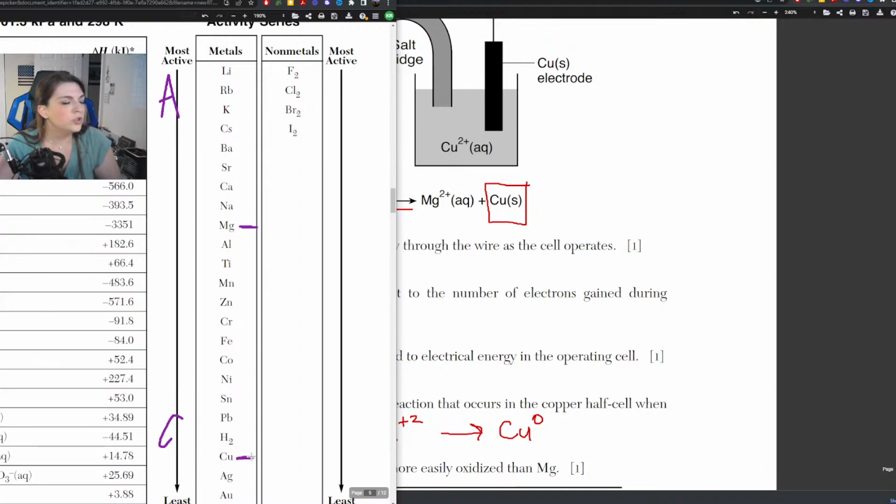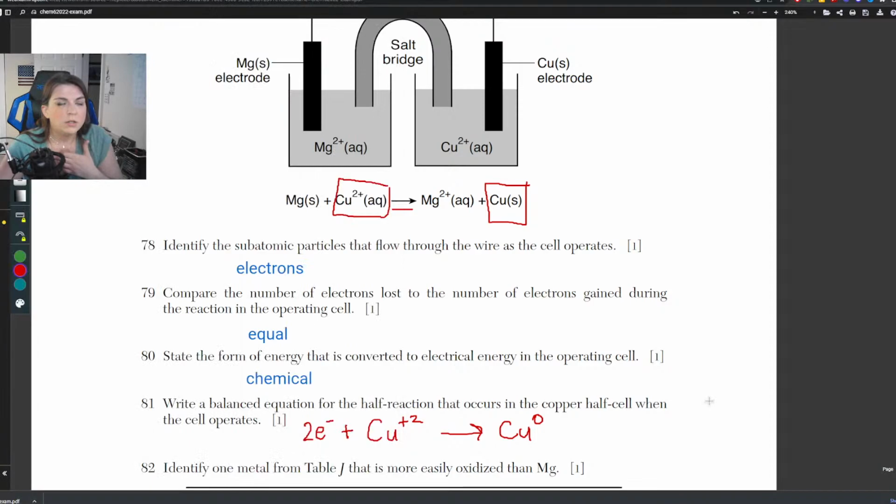So when we look at those two together, magnesium is going to be the anode in this situation, and the anode is going to undergo oxidation, while the lower one, the cathode, is going to undergo reduction. So reduction is, Leo says GER, or oil rig. Reduction is gaining electrons. Gaining electrons would have to be a reactant.